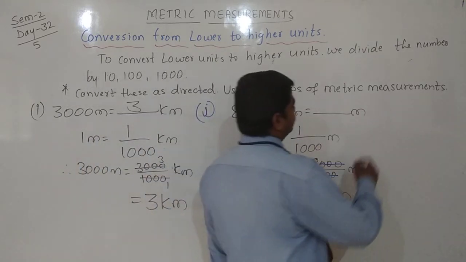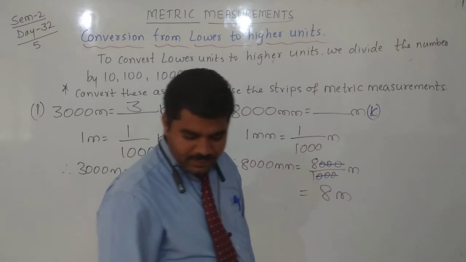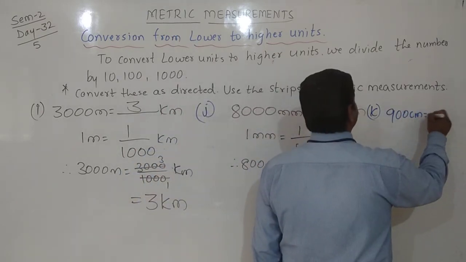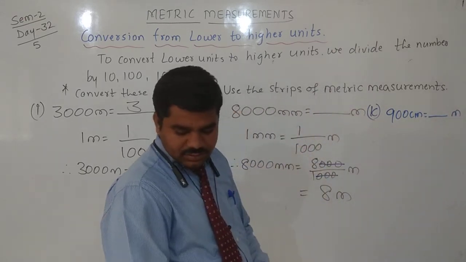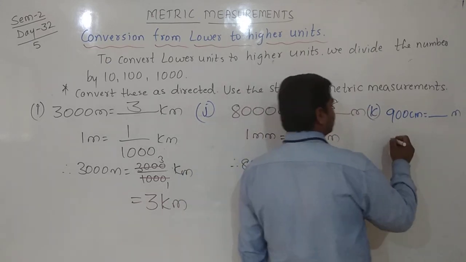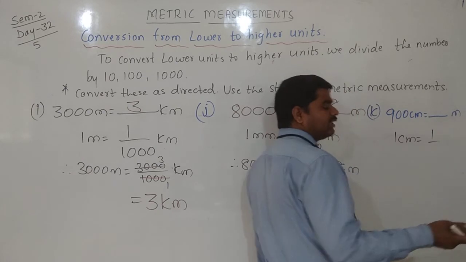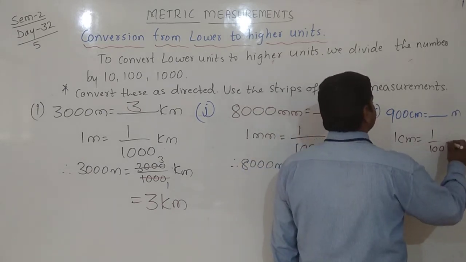J, K1. Yes, 900 centimeter to meter. 900 centimeter to meter. Very simple. That is 1 centimeter is equals to 1 by 100. Yes or no? Centimeter to decimeter, decimeter to meter. Then 1 by 100 meter.